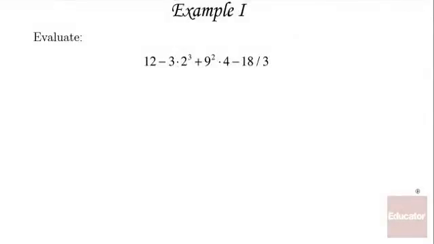Applying this to our first example. Remember, my first step is to evaluate or solve inside the grouping symbols. Well, I look through here and I don't have any grouping symbols, so I move on to the next step.